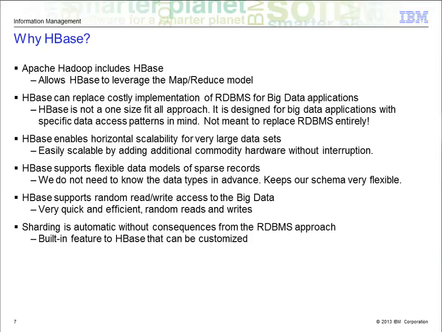You should understand that HBase can replace costly implementation of relational database for big data applications. It enables horizontal scaling for very large datasets, and it also supports flexible data models of sparse records. If you need something that can give you quick, random read-writes to your data, HBase is your tool. And as opposed to relational databases, HBase provides automatic sharding.